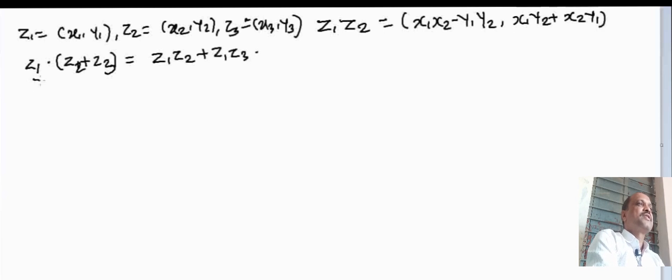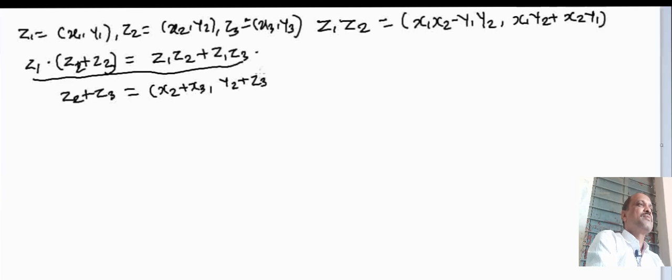So, let us first write z2 plus z3, which is obviously (x2 plus x3, y2 plus y3). Now, let us multiply this by z1. z1 into (z2 plus z3): let us multiply this number by (x1, y1).